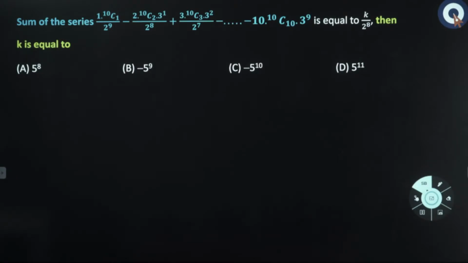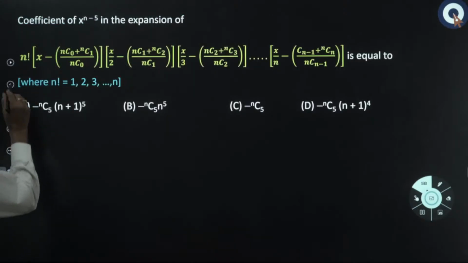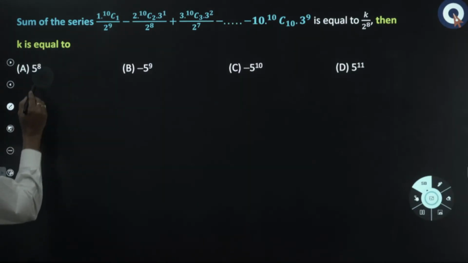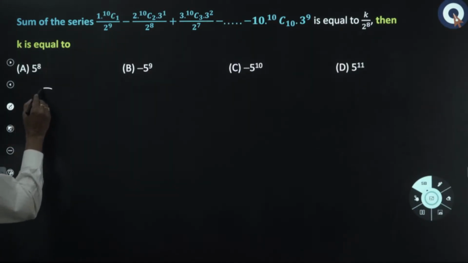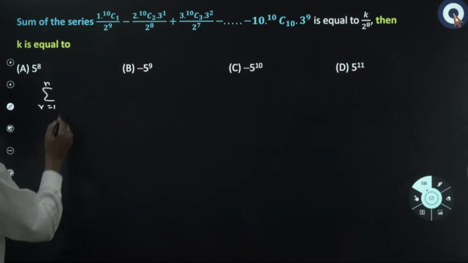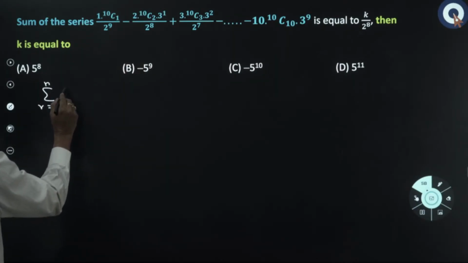Now here, we will write this as sigma r is equal to 1 to n, 1, 2, 3, etc. 10. So this is r.